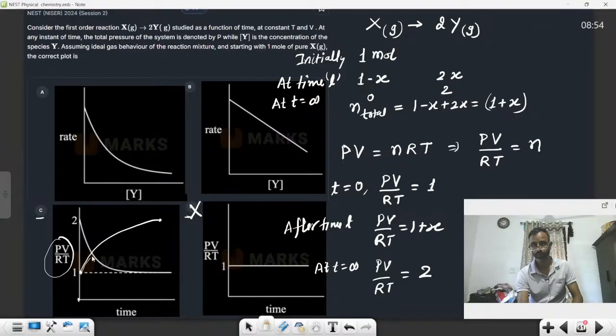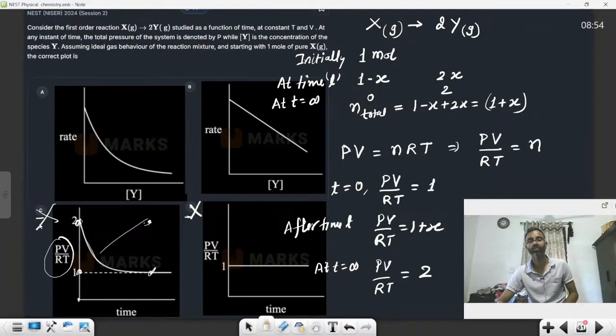Plot should be like this. It is not like this, because here initially it is 2 and then becomes 1. But actually initially it is 1 and then it becomes 2 after infinite time. Okay, so C plot is also not correct.